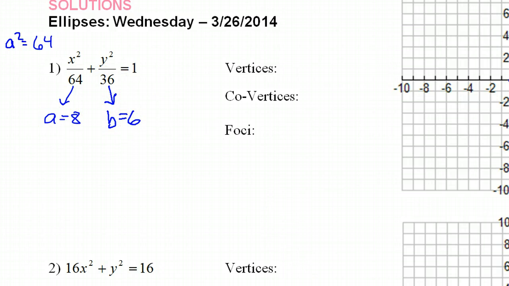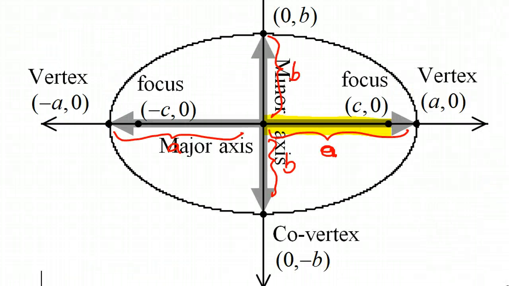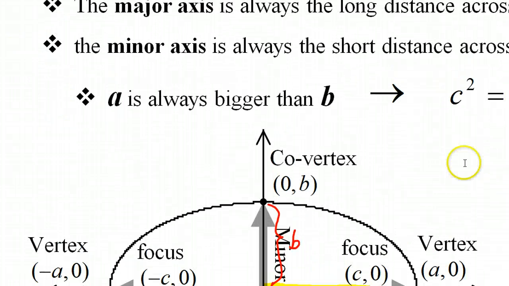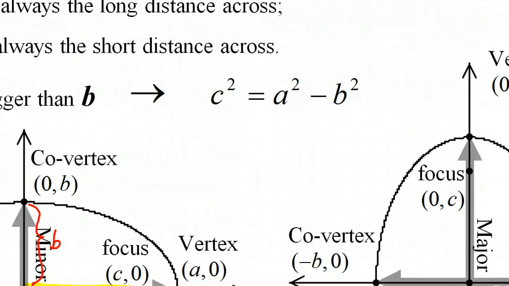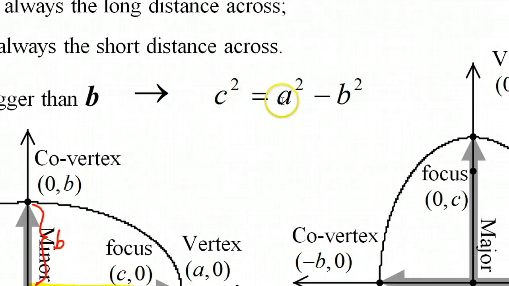Now, to find the C value, we have to use this relationship right here. C squared is equal to A squared minus B squared. So similar to the Pythagorean theorem, but minus instead of plus for ellipses.